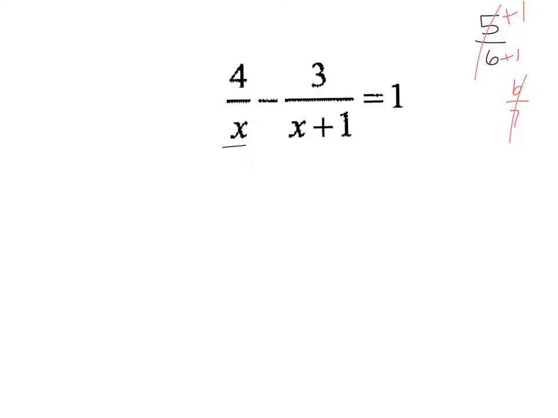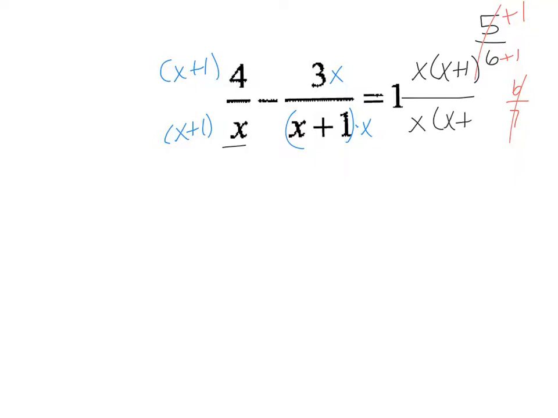So I need to multiply this numerator by x plus 1, x plus 1, and I need to multiply this times x, and then you need to multiply the right-hand side times x, x plus 1, over x, x plus 1.